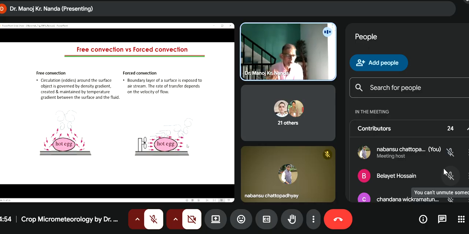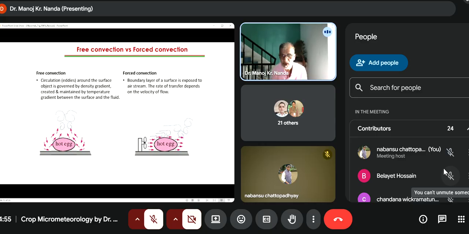Now I can give you just one point here: post-convection is usually a faster process. For example, when I am in a hurry to take my meal, I use a fan so that convective heat transfer will be increased. Otherwise, it will cool down as such, but it will take time due to free convection. So forced convection makes things faster.